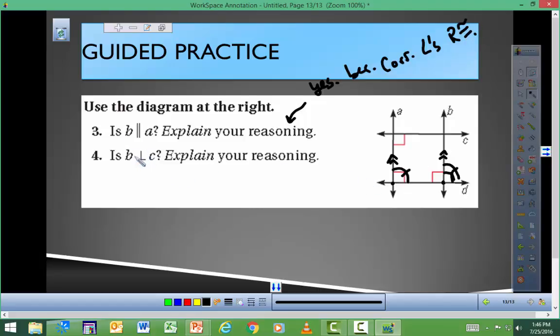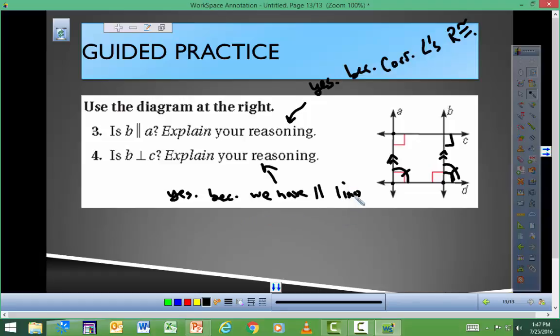How about, is B perpendicular to C? Well, yeah, we have that the lines are parallel already. We established that. And this one's perpendicular already. And there was that theorem that said if one of these is perpendicular, then so is the other one. So, yes, because we have parallel lines.